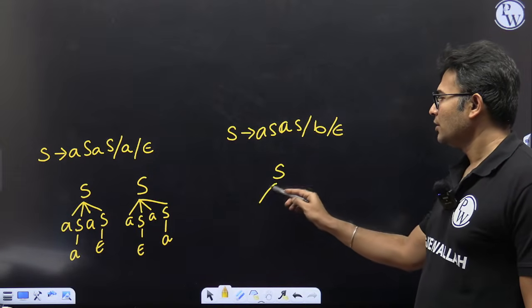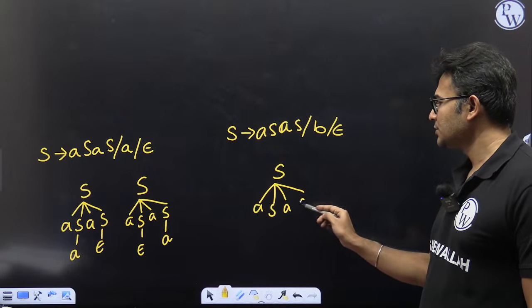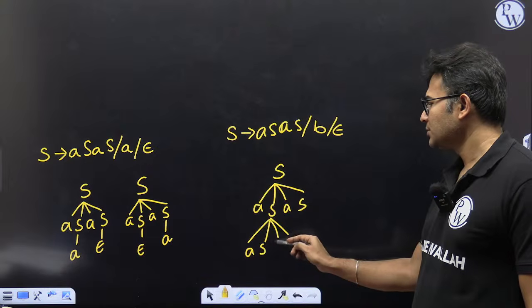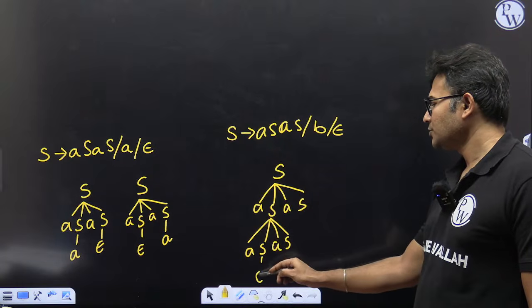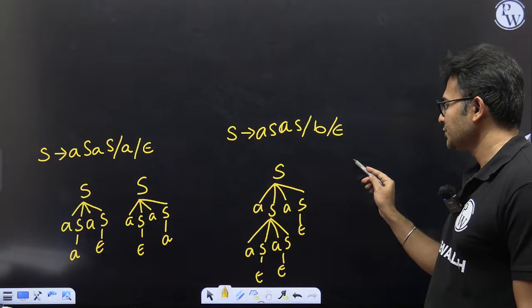So S derives AS and this S derives AS, then epsilon. So this is generating 4 A's.